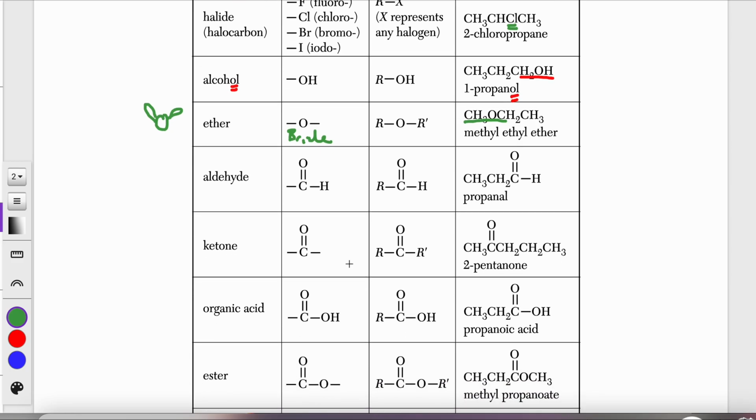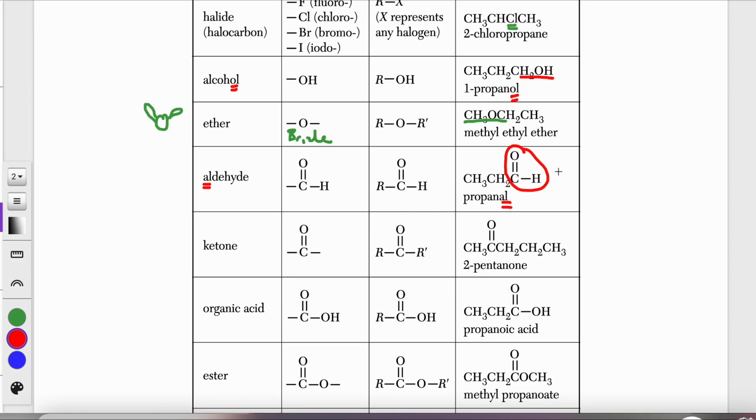Okay, so aldehydes. Aldehydes start with AL, and if your name ends in AL, you're going to see aldehydes. Now, here is the aldehyde functional group. This is a partial structure.